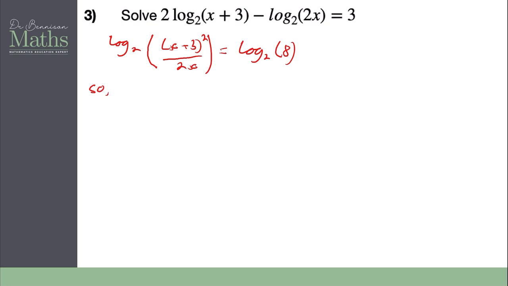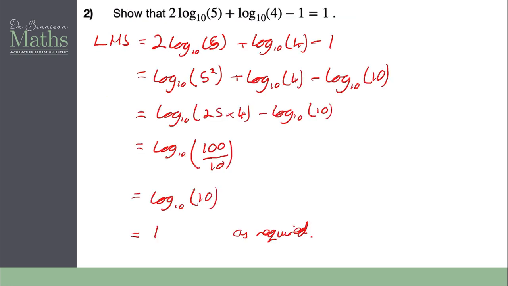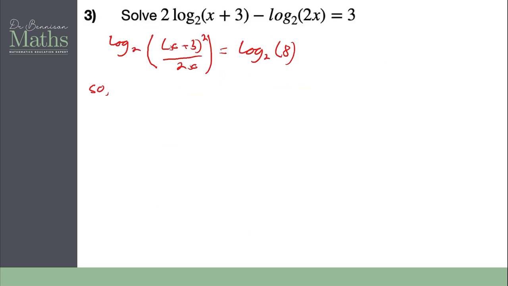So I can now exponentiate, or take exponentials to the power 2. And we end up with x plus 3 squared over 2x is equal to 8. So expanding those brackets, we've got x squared plus 6x plus 9 is equal to 8 times 2x, which is 16x.